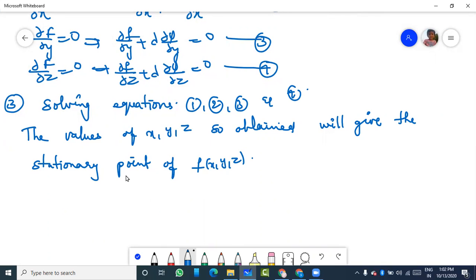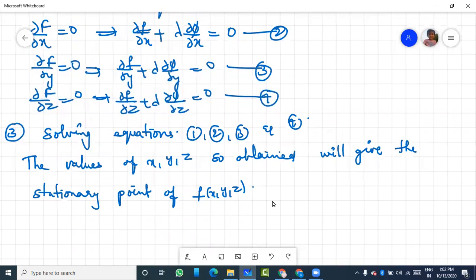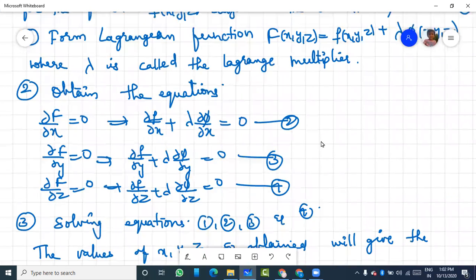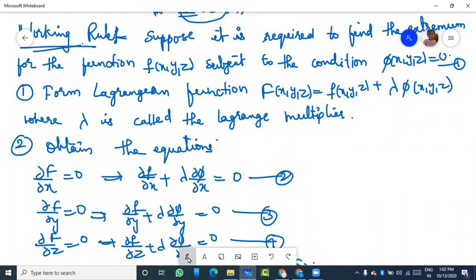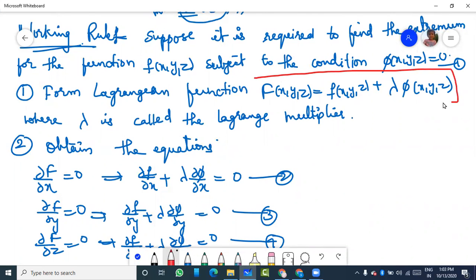If we want to find the maxima or minima of the function f of x comma y comma z subject to constraints, we can take two combinations. We construct the Lagrange's function with the two functions in three variables.